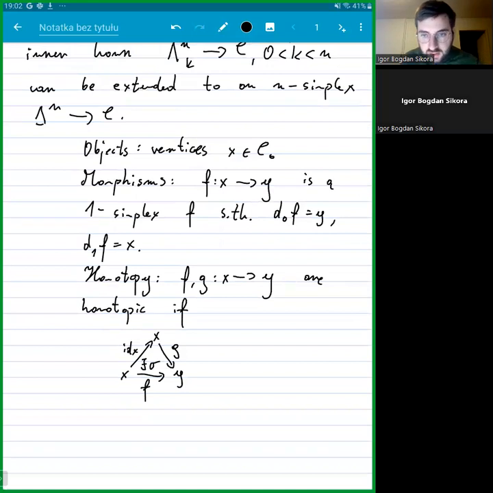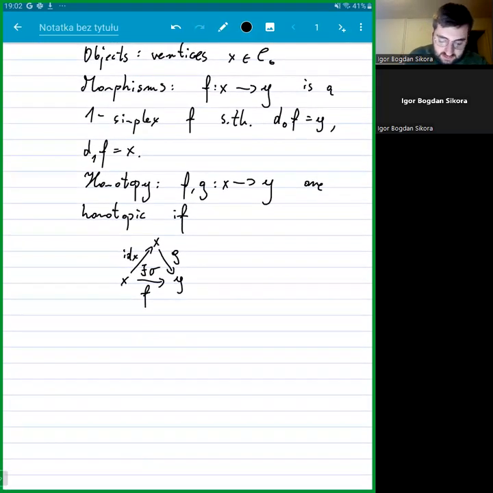So a homotopy between f and g is this simplex sigma here. And this gives us an idea what two morphisms from x to y are. Actually, we have morphisms for every n.